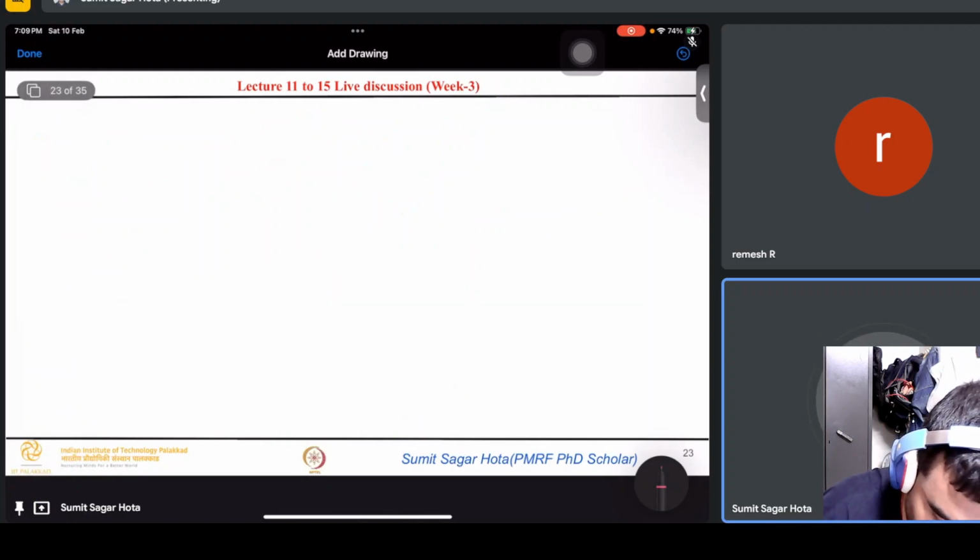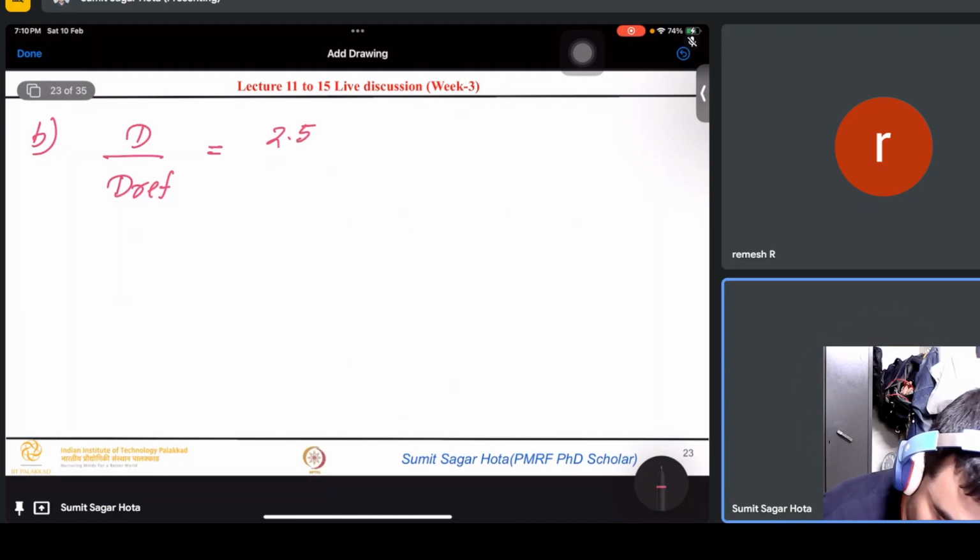In a similar way, the second part. We know D by D_ref is equal to 2, rho D and v.